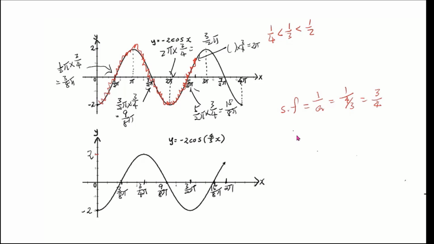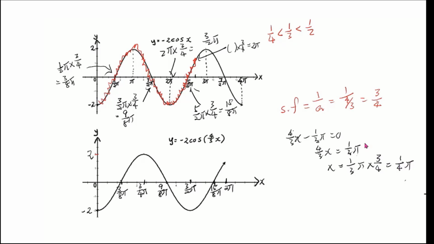Next, we need to continue to the translation, where the translation is either to the left or to the right. To determine this, we set it to become 0. Then after that, we try to find the value of x. After simplifying, we found that the value of x is equal to positive 1 over 4 pi.